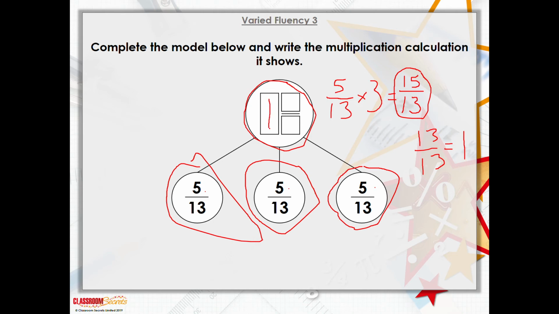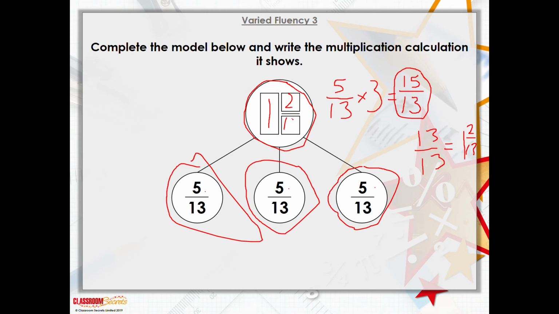But how many 13s do I have left over? All I have to do is count from 13 up to 15. So I go 14, 15, and I actually have 2/13 left over. So my answer is 1 and 2/13.